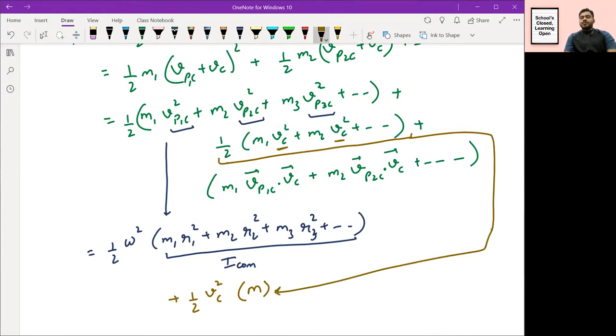Now all we are left with is the third term. Now third term, what is written here? We are going to again see Vc. Now velocity of this, Vc, is going to be common, right? So let's just take it out.